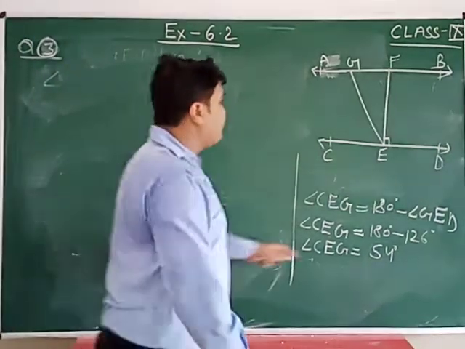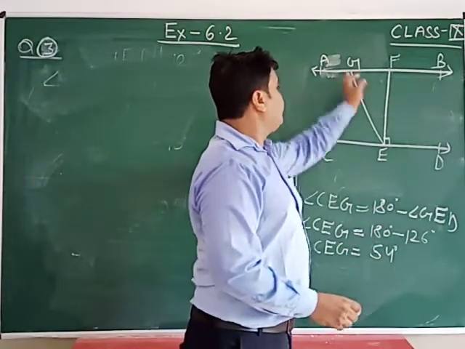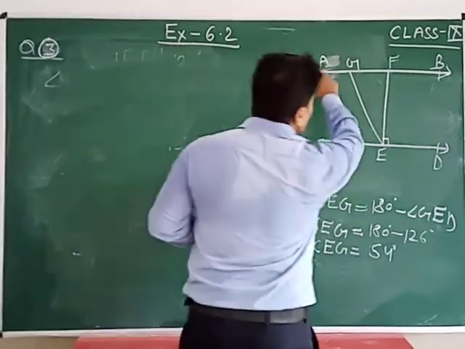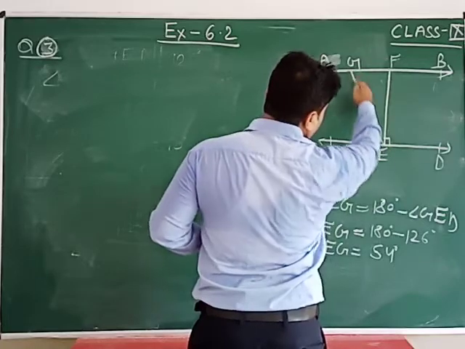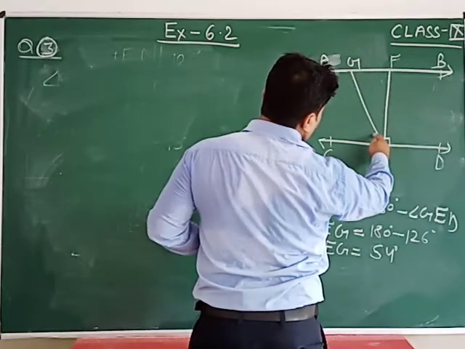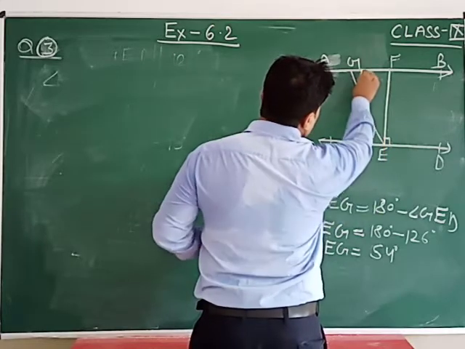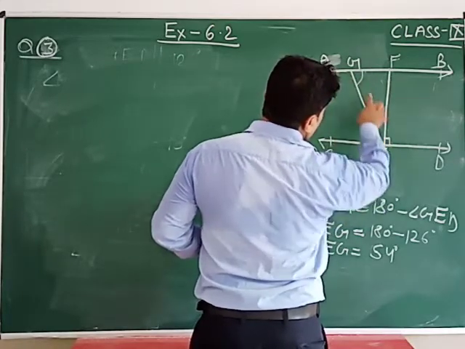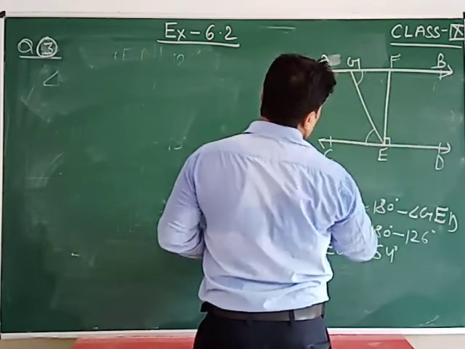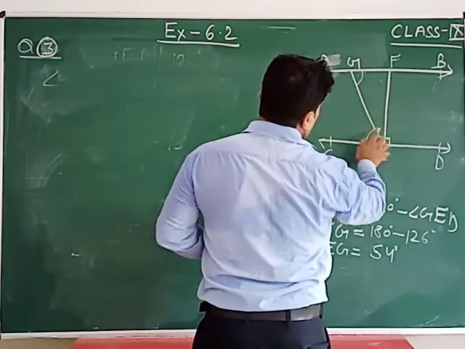So CEG is 54. See carefully, AB is parallel to CD and this line is intersecting, so this angle equals this angle because these are alternate angles.